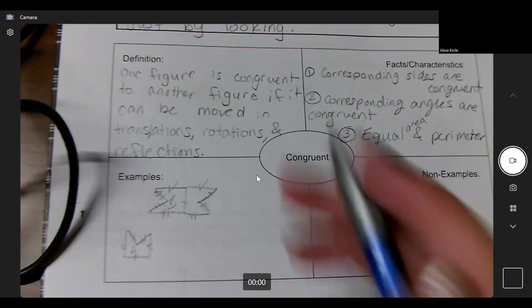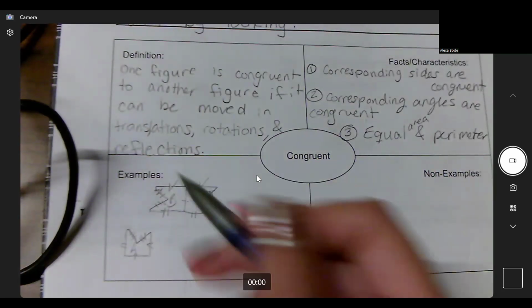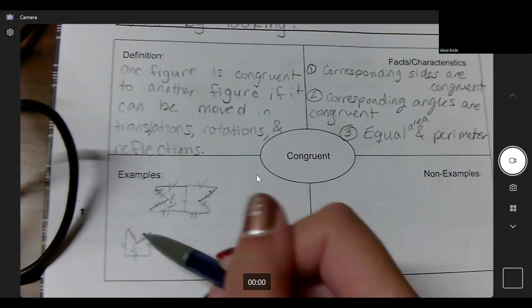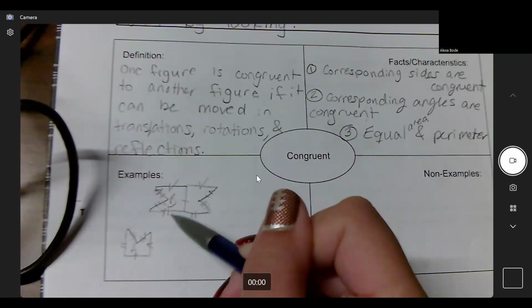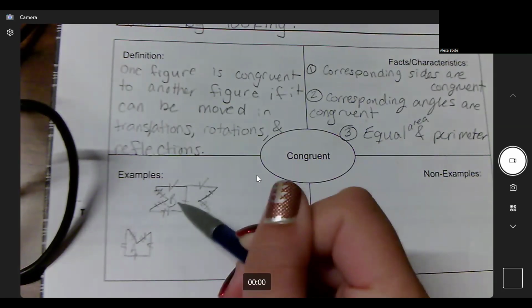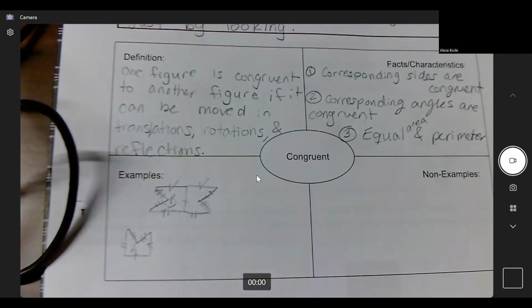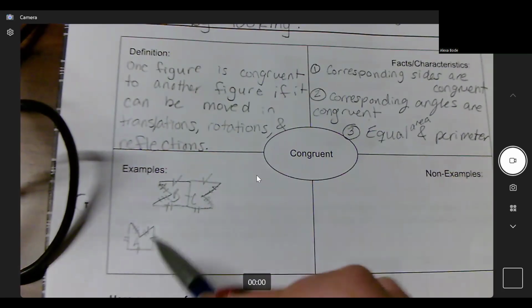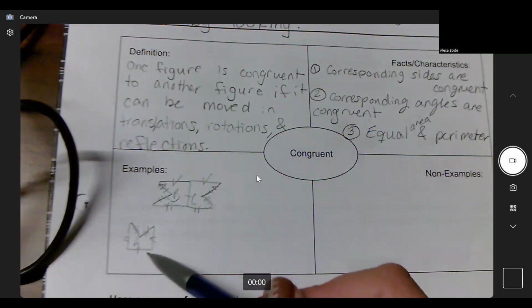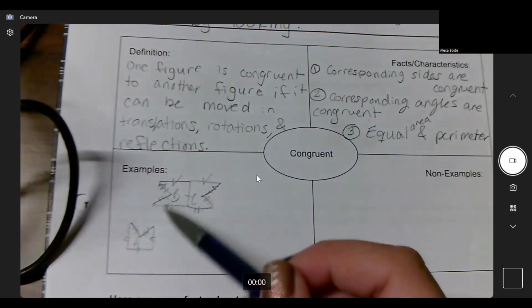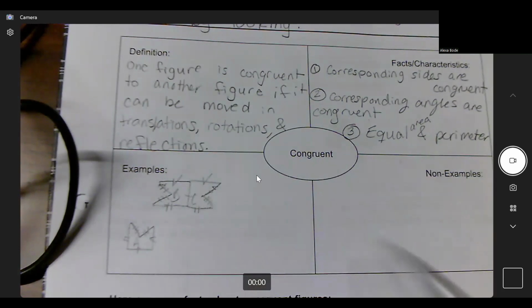That is slightly confusing, but the whole point of this example is not the sides that I did necessarily. These little things I did on the sides are basically saying that each side that has that same symbol is the same measurement. So in order for the shape to be congruent, the sides have to be the same, the angles have to be the same, and the area and the perimeter have to be the same.